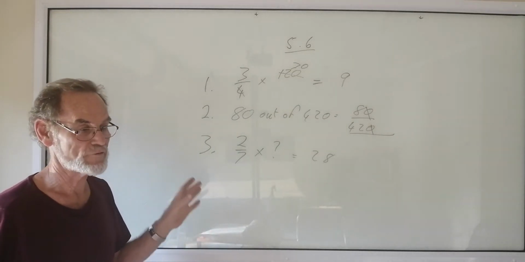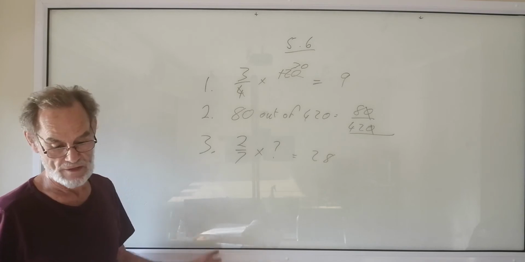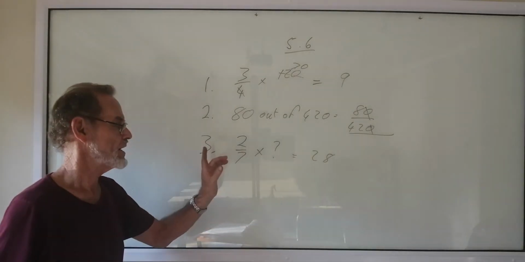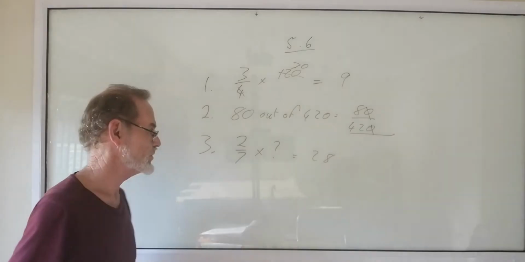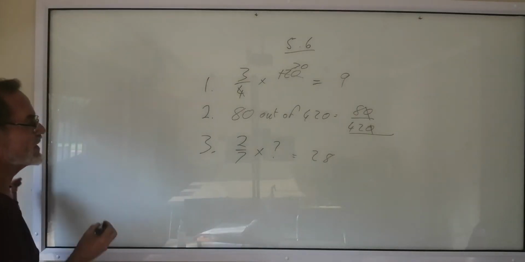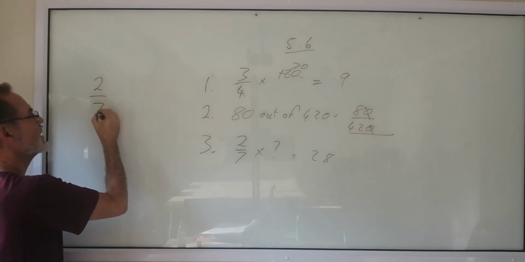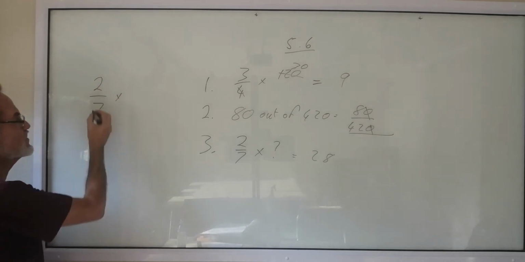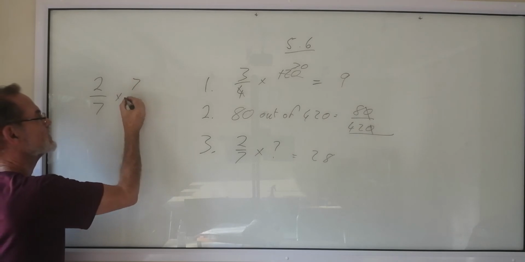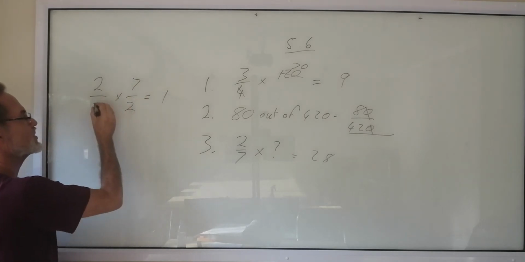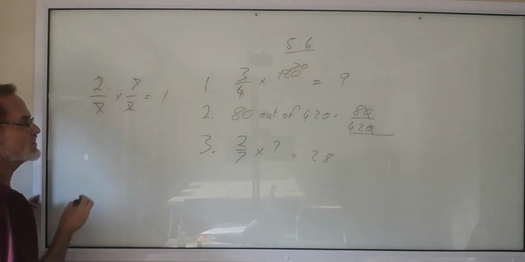But manipulation of equations is not difficult. Very easy. So I'm going to approach this in the light of manipulation of equations. You know that if you take a fraction and you multiply it by its inverse, it means you turn this upside down and you multiply, the answer is always 1. Because the 7's cancel, the 2's cancel.